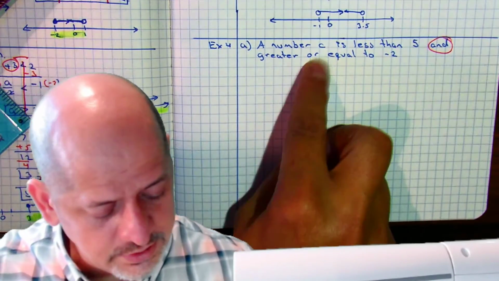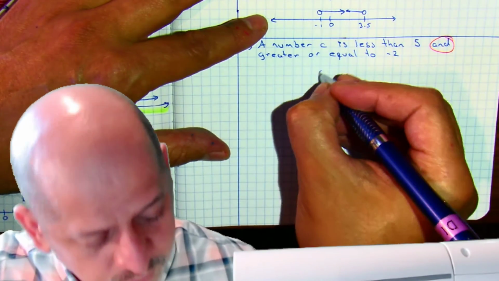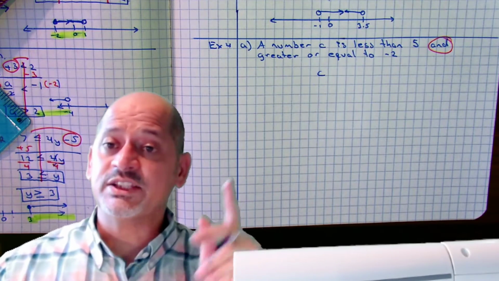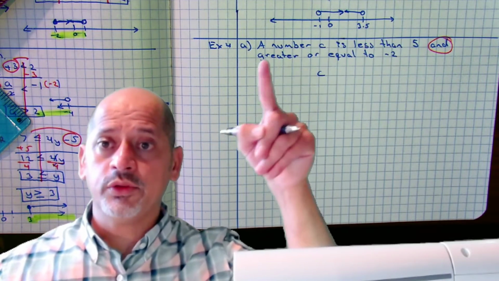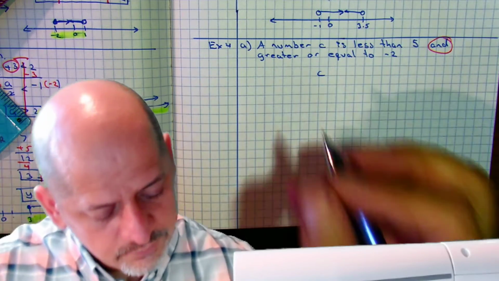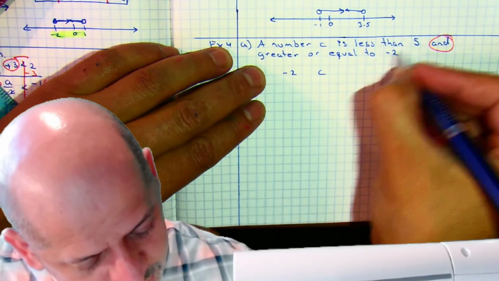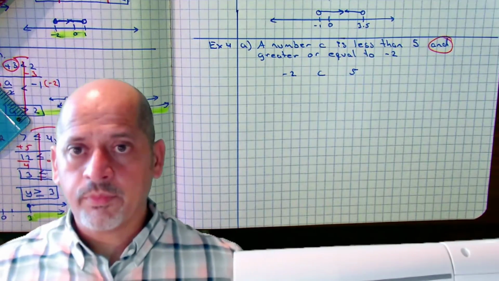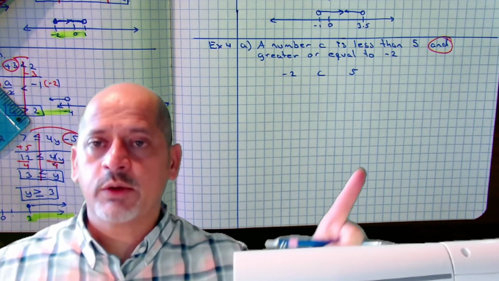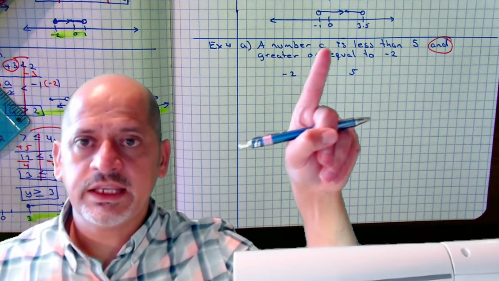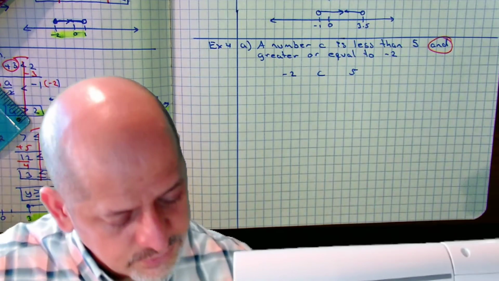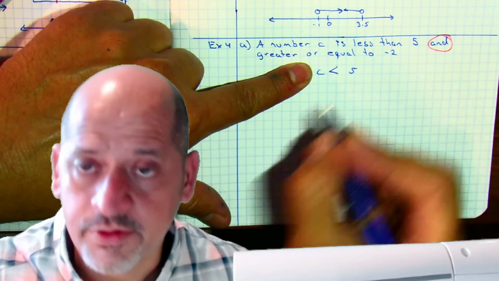So the number is C. We're going to place C in the middle. We always place the smaller number on the left. So -2, and the bigger number will be 5. And let's see, we're going to start with the 5. The number C is less than 5. So less than 5, correct?